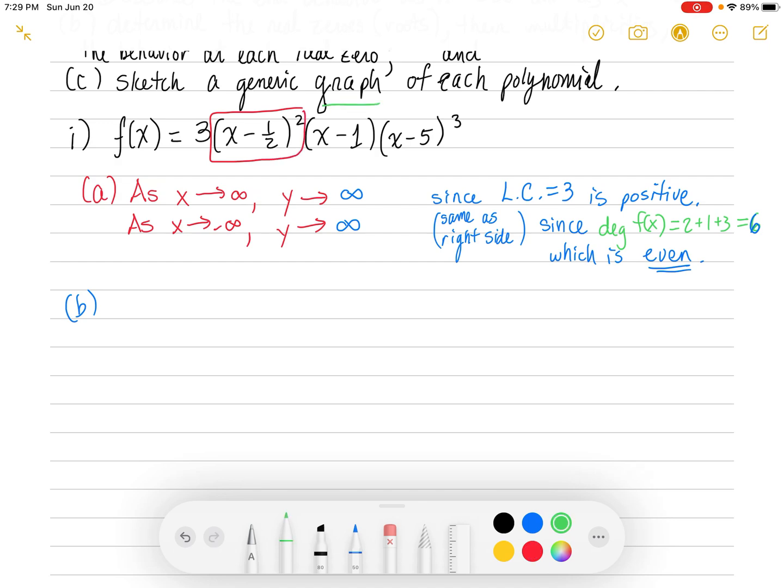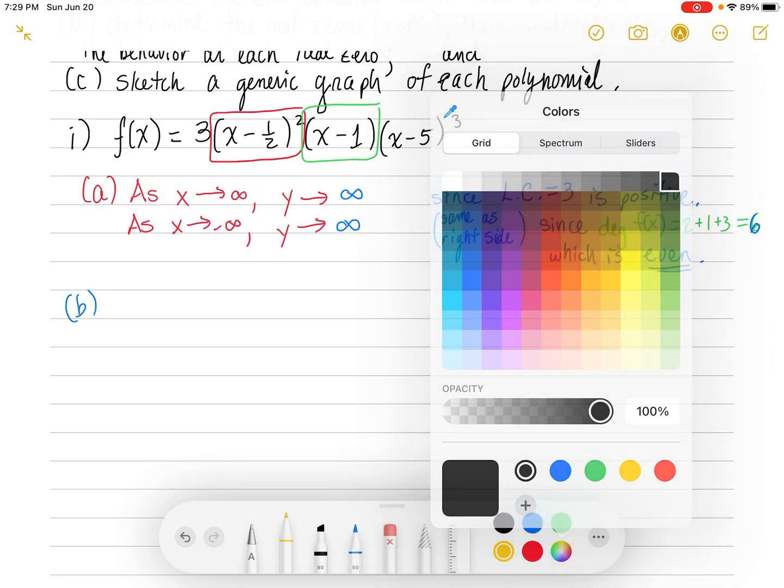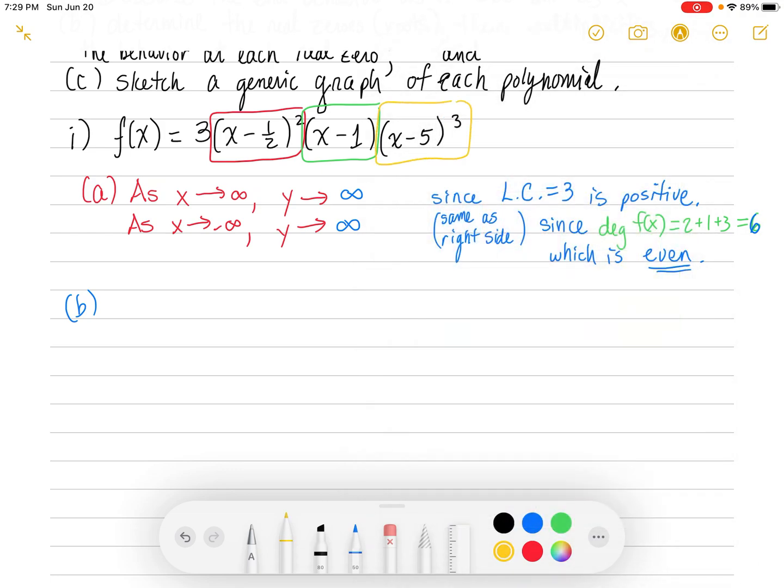I'm going to call this first factor red, with an exponent of 2. I'm going to call this second factor green. I'm going to call this third factor yellow, the one with the power of 3. So I'm going to take just the factor without the exponent, x minus 1/2, set that equal to 0, and add 1/2 to both sides. I get x equals 1/2.